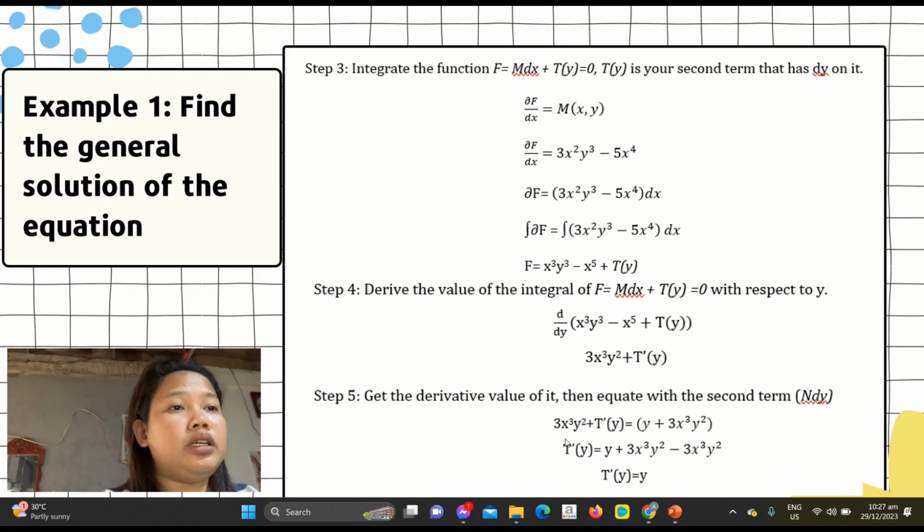So, using the addition property of equality, we will add negative 3x cubed y squared to both sides so that it could be 0 here and 0 here. So the answer would be that t prime of y is equal to y. So this is our step 5.